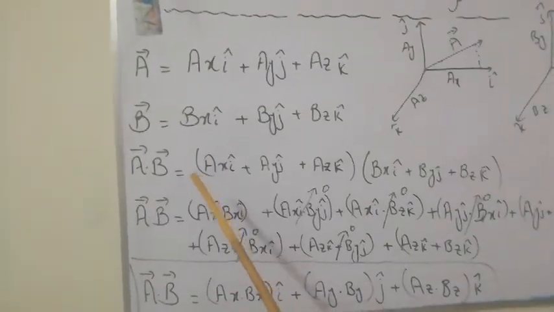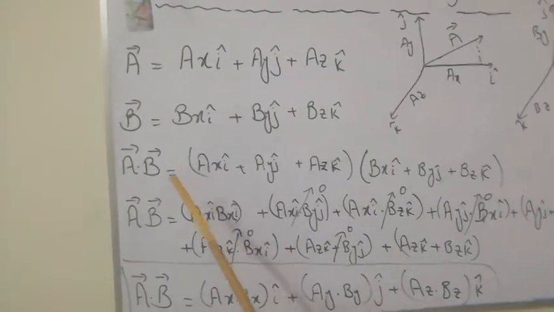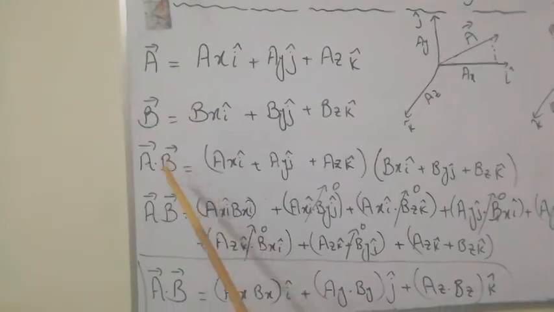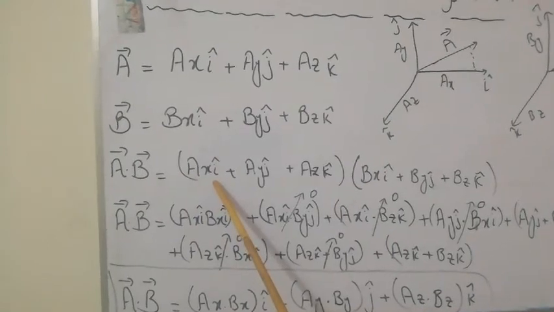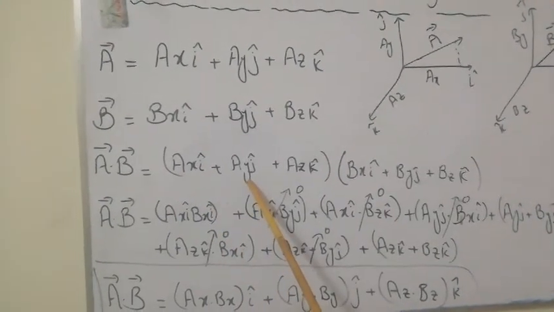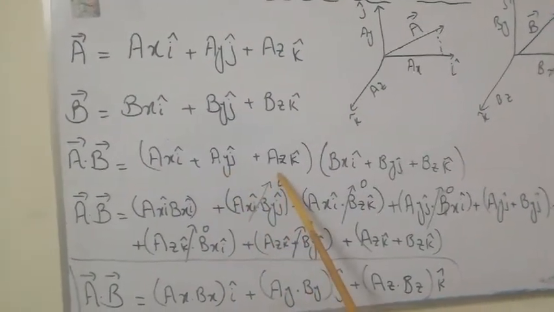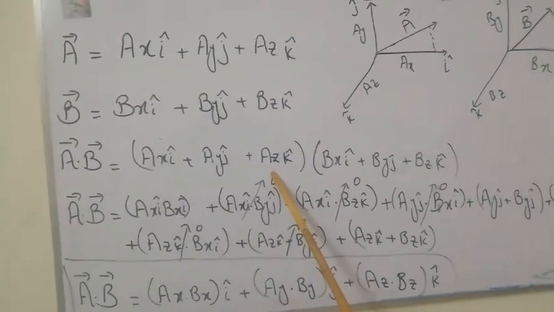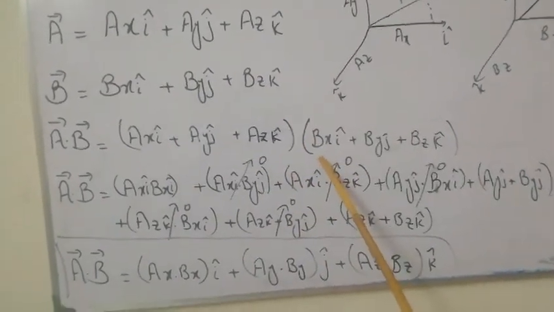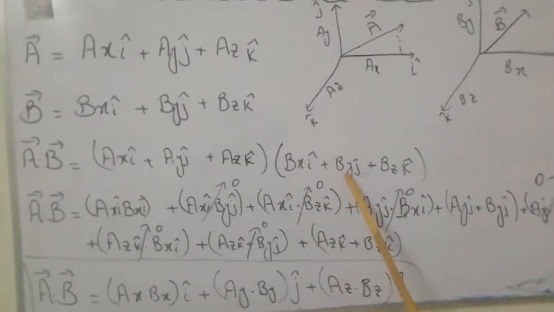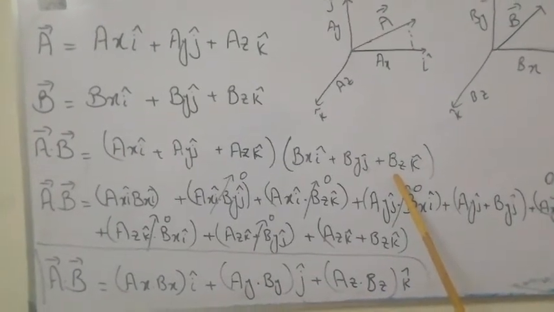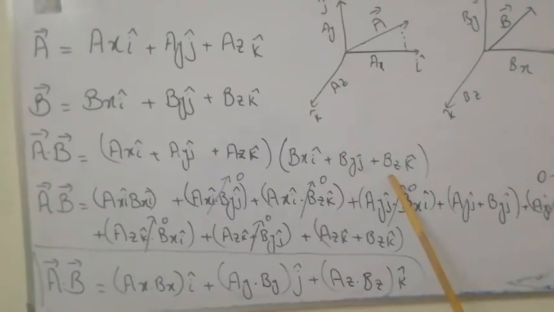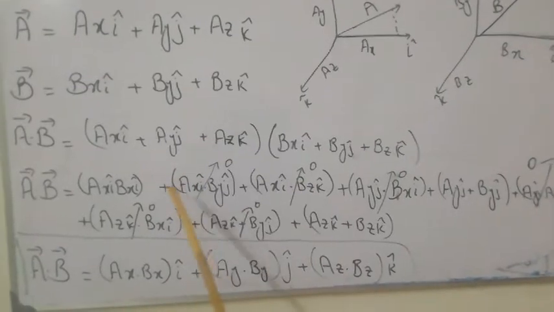Now if you multiply the two vectors, vector A and B, then vector A is Ax with unit vector I, Ay with unit vector J, plus Az with unit vector K, and similarly the x component of vector B, the y component of vector B, and the z component of vector B. Then we will multiply it in this manner.